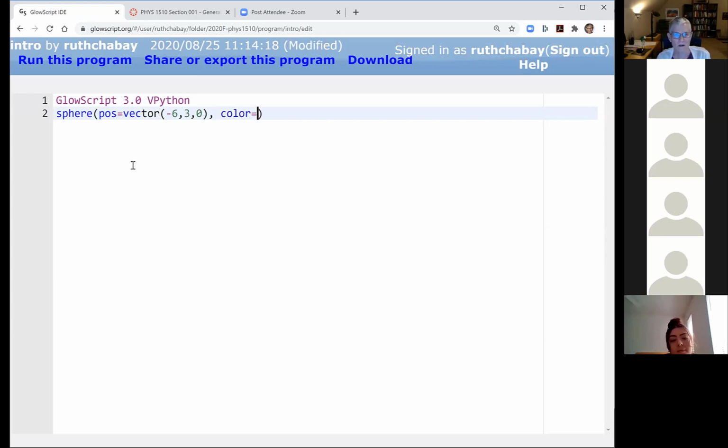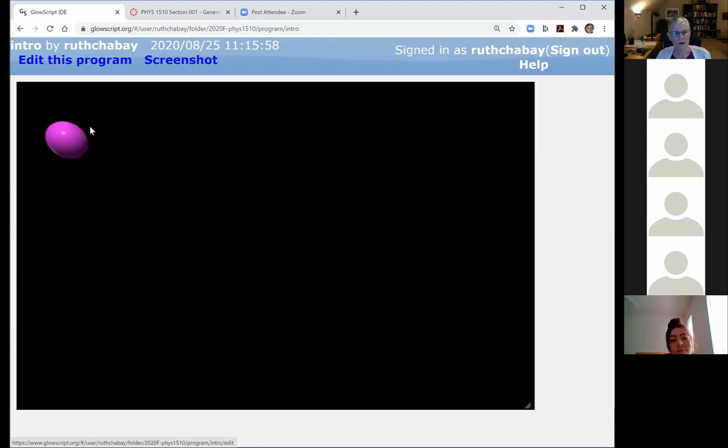And we'll make it something other than boring white. And we'll give it a radius of 0.5. Okay, so we're probably working in SI units here, meters, kilograms, seconds. And now we see that it moved. It could plausibly be at -6, 3, 5 if the origin's in the center of the screen.